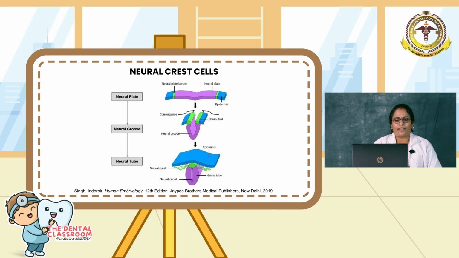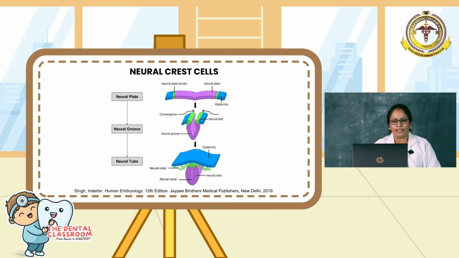So now comes a very important topic, which is the neural crest. Let's see what these neural crest cells are and what role they play in the development of face. These neural crest cells arise from the ectoderm at the border of the neural tube during neurulation, and they have multipotent potential because they give rise to so many structures.